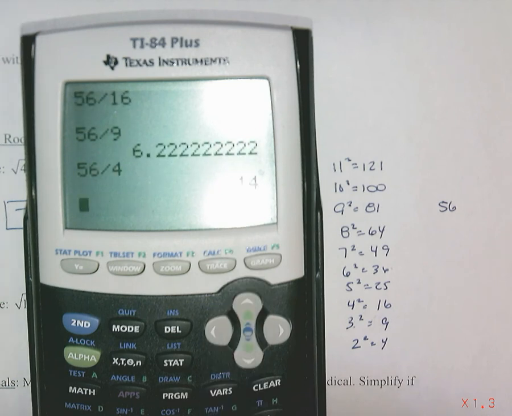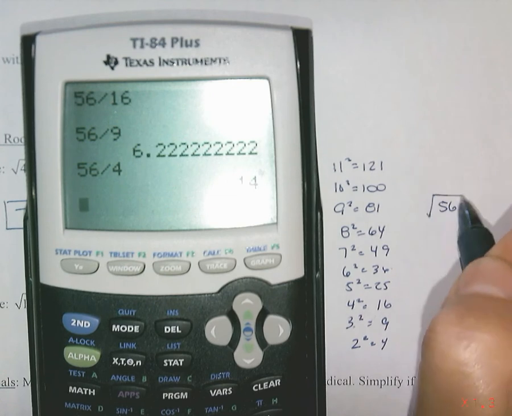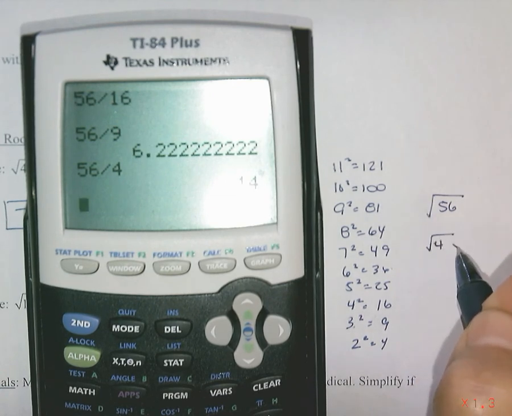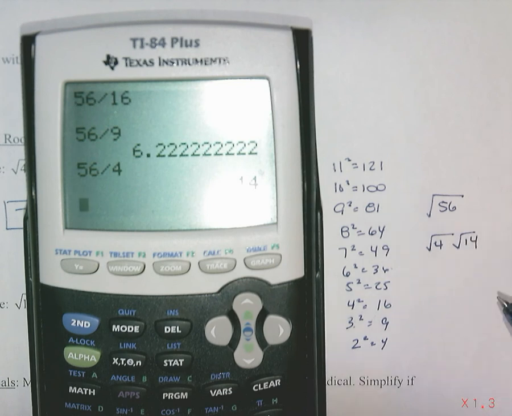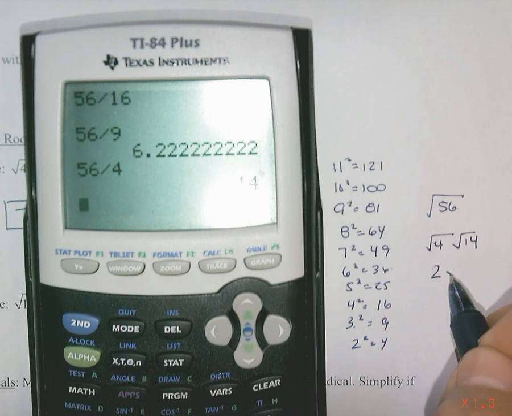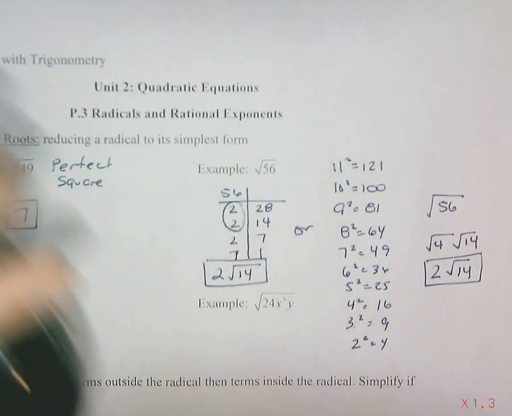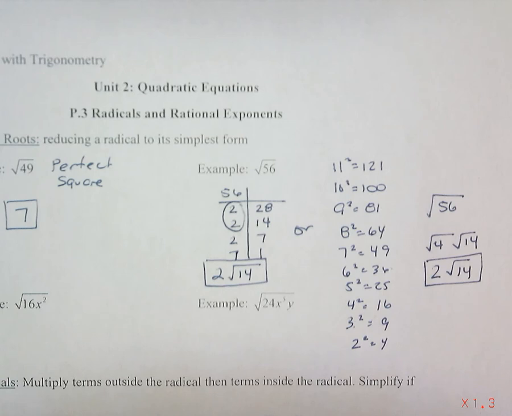I've got my integer. So that means if I take the square root of 56, it's going to break up into 4 times 14. The square root of 4 is my perfect square. So I get 2 square root of 14. Whichever method you learned in Algebra 2 or whichever method you're more comfortable with, it doesn't matter to me. I just want you to be able to reduce radicals.